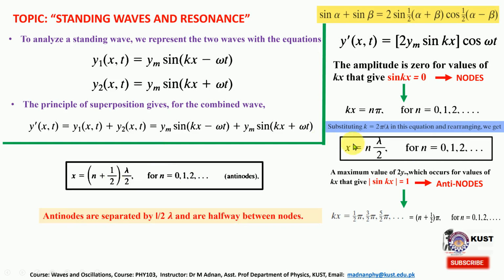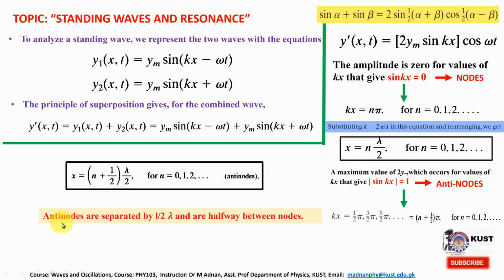Important thing is that these conditions are not fixed for nodes and antinodes. For a sinusoidal profile, having a sine profile, these are the points for the nodes and antinodes. If we change the profile of the incident wave, let's say this is cos of kx, and similarly this is cos of kx plus omega t, this condition will change.